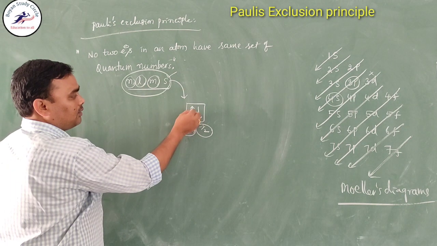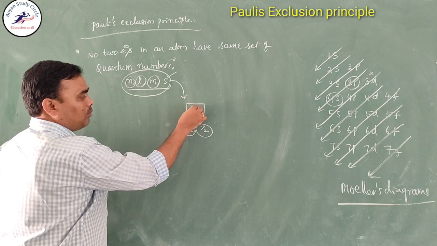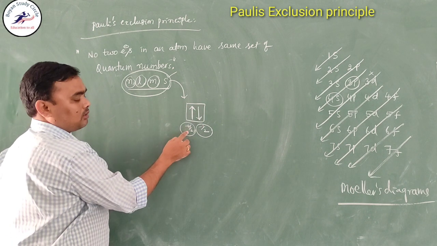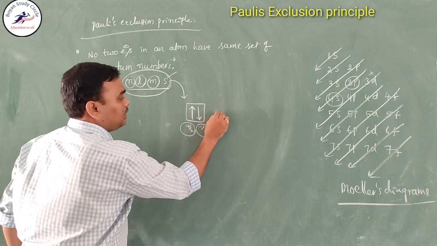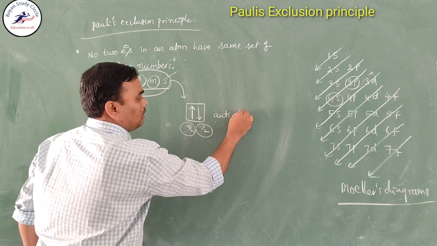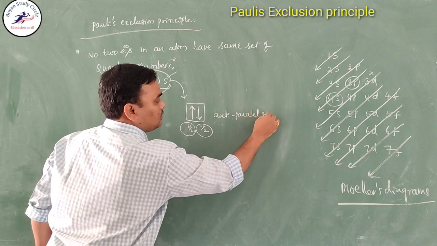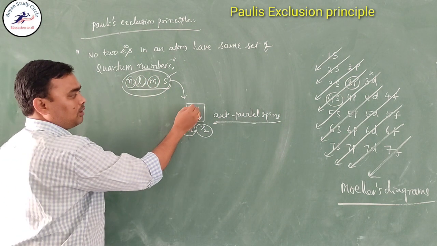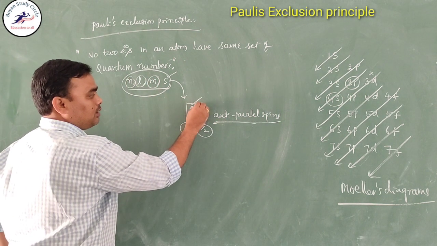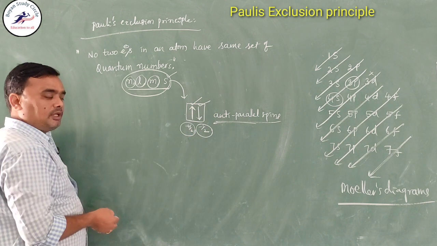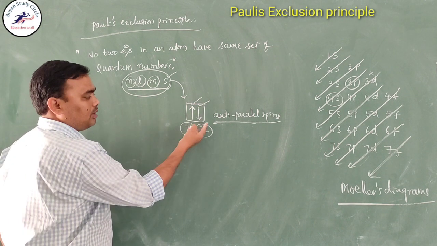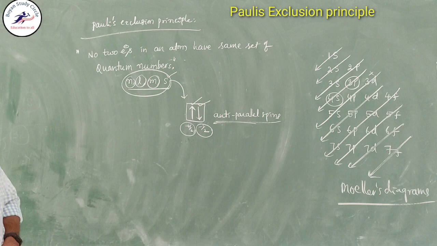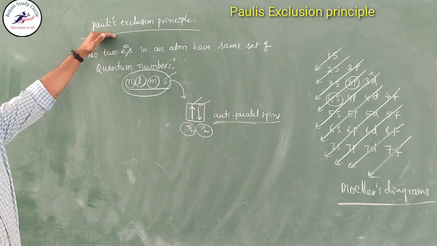From this you can derive that an orbital can accommodate only 2 electrons, okay, with anti-parallel spins. Anti-parallel spins means 2 electrons can be filled into an orbital, one with clockwise spin and the other with anti-clockwise spin. So that means plus half value and minus half value, right? So this is Pauli's exclusion principle, right?